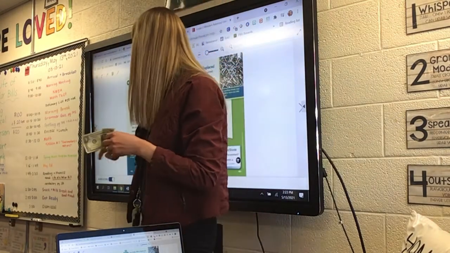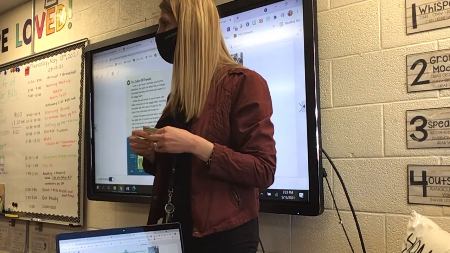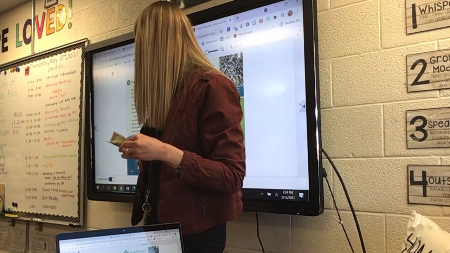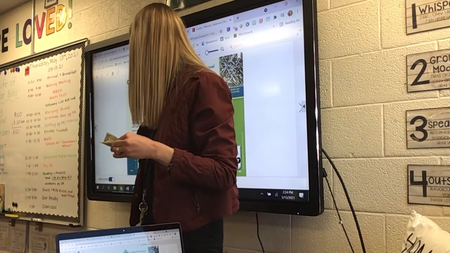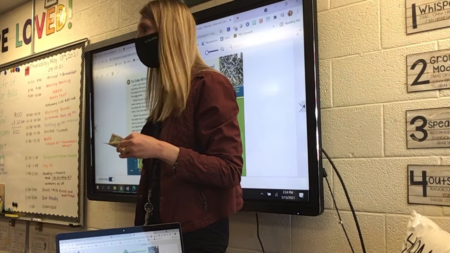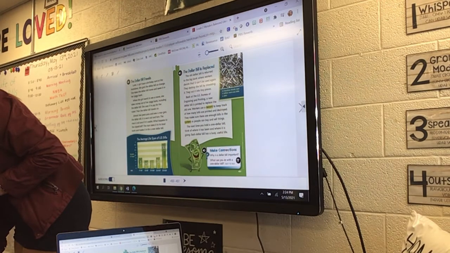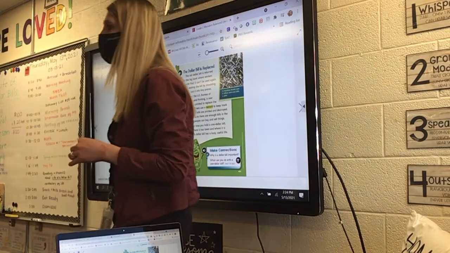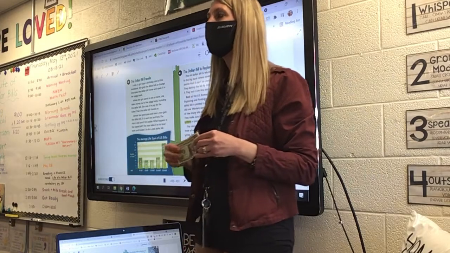Tyson, the $10 bill. What is the life of a $10 bill? Look at the bar graph. Look at your chart, and then go across. 1.5. Okay, the $20 bill.